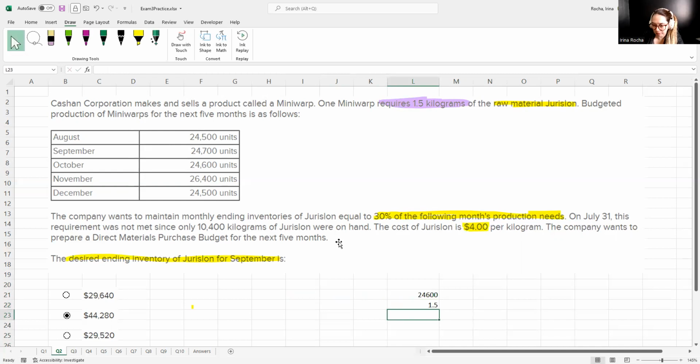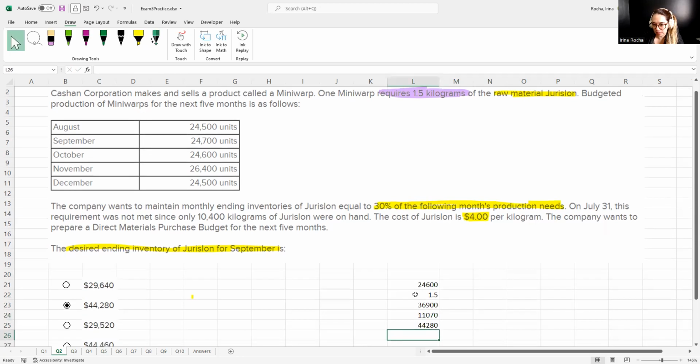So 1.5, and then I know the production needs for October are 36,900. And I want to have, in the end of September, 30% of it. So 30. Okay, but this is in pounds, and they're giving me answers in dollars. So I multiply this times $4, which is the cost per kilogram, and that's how we get this one.